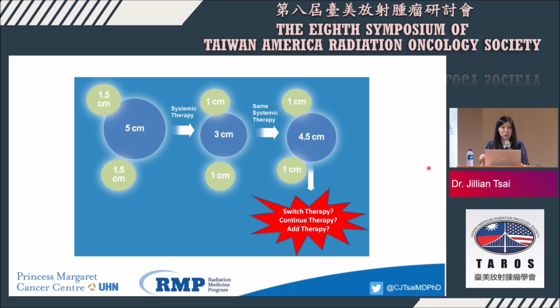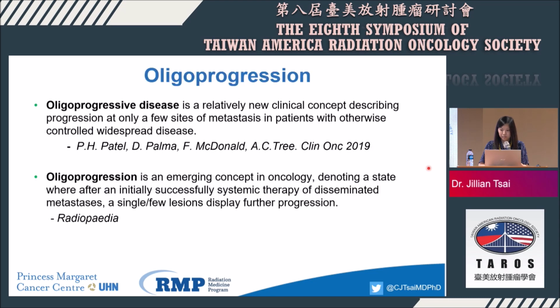So there's really no specific defined answer for managing oligoprogressive disease. So here is a more common definition. In summary, oligoprogressive disease is a relatively new concept. It means progression at only a few sites of metastases in patients with otherwise controlled widespread disease.